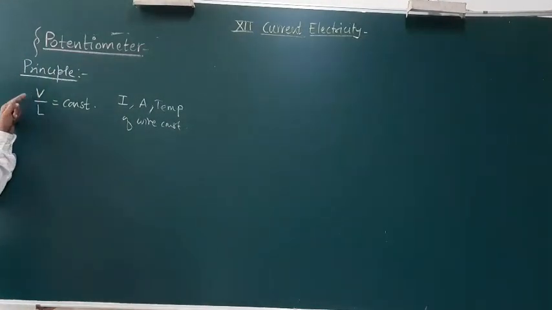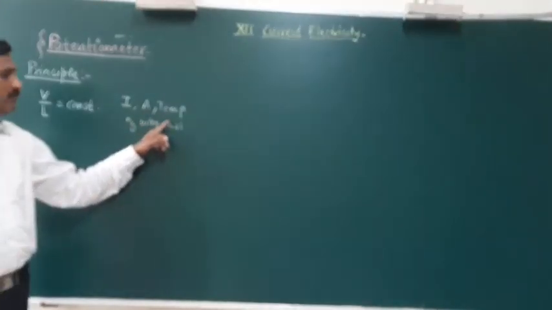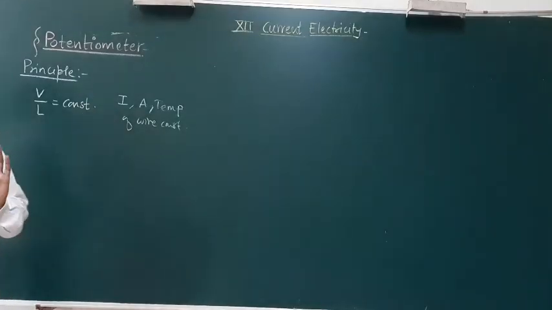Simple. Potential difference per unit length is always constant if the current flowing through the wire, cross section area of the wire, and temperature of the wire are kept constant.